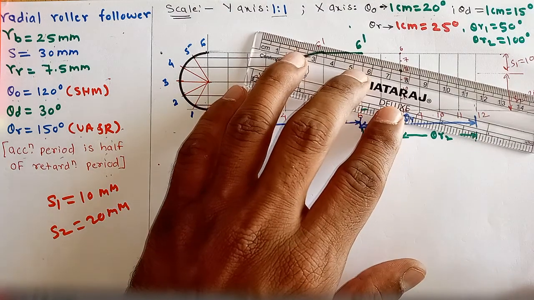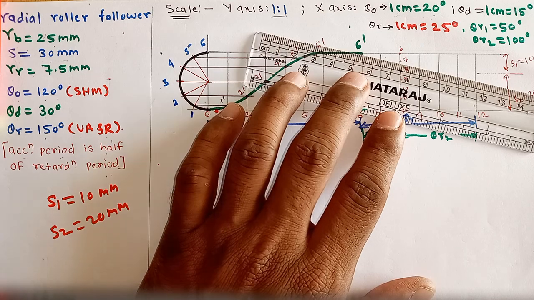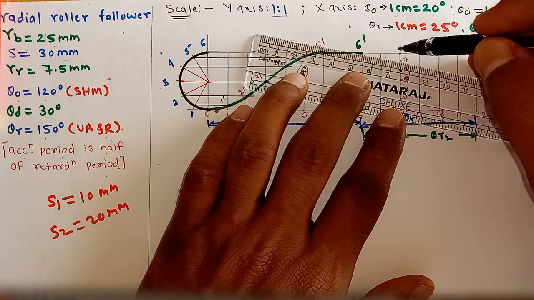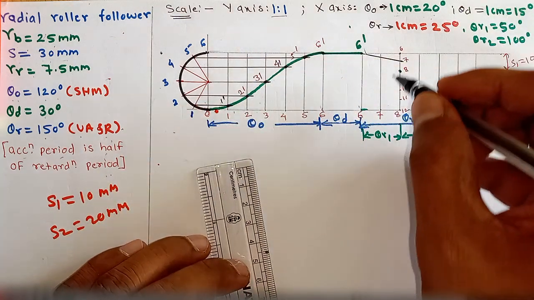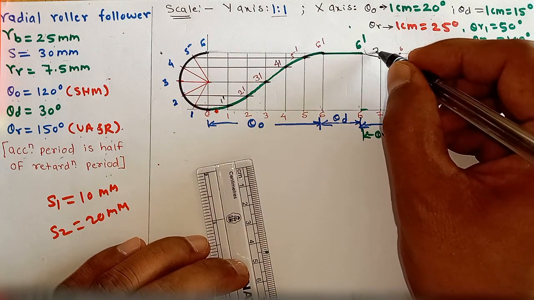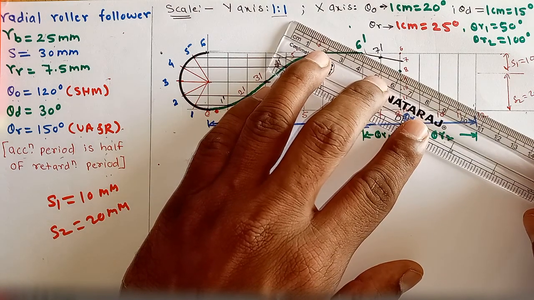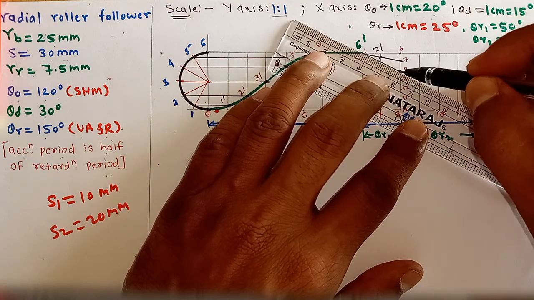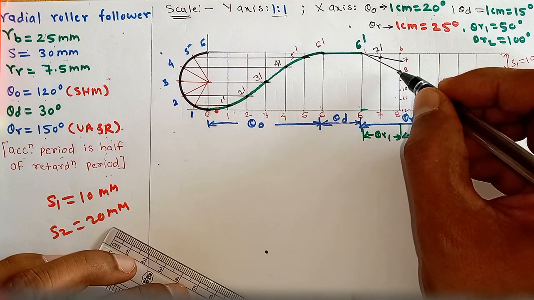Now let us draw the projection lines. We'll draw the projection lines from this corner because this is return stroke. 6 dash. Line number 7 will intersect division line number 7 at 7 dash. Now line number 8 will intersect 8 at 8 dash.